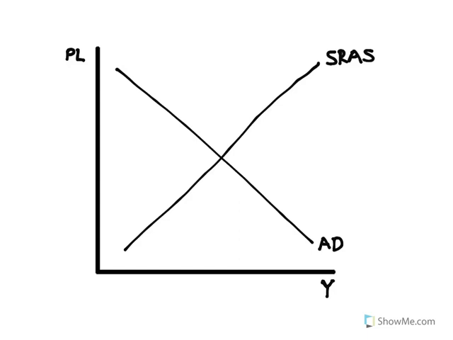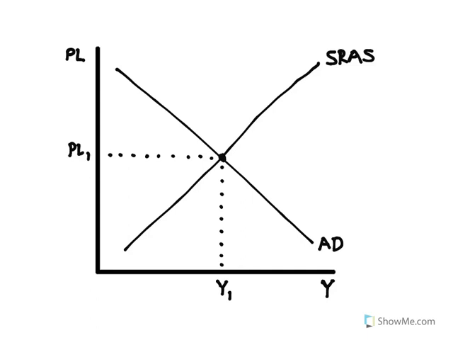And where those two curves intersect, that will be our short-run macroeconomic equilibrium. And so we'll bring that down, and then we'll call this Y1 for our current real GDP, and our price level we will call PL1.